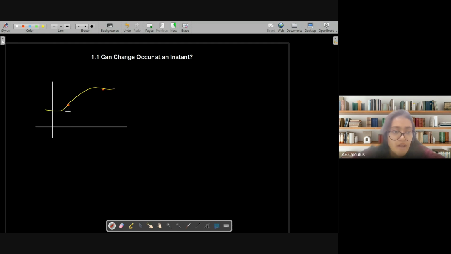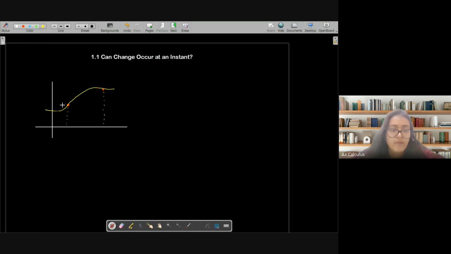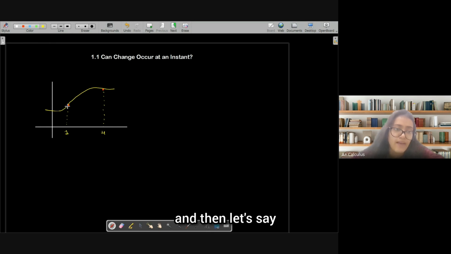And we know the x and y coordinates of these two points. Let's say this point is 1 comma 3, and this point is 4 comma 5.